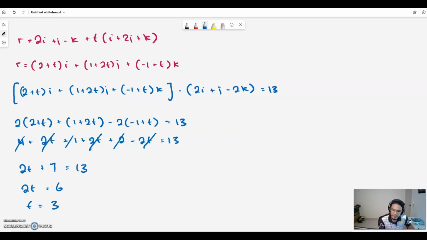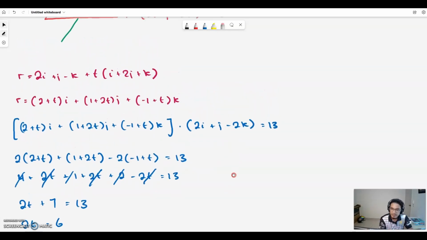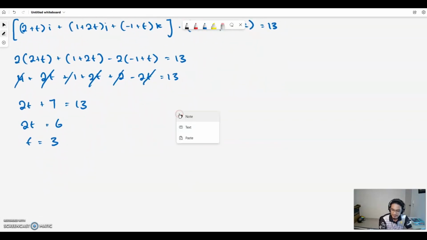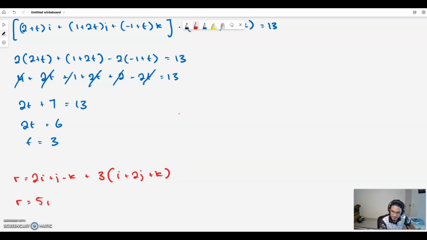Okay, now we have the value of t. So then we just substitute the value of t back into the equation of the straight line right here. Then we have r equal to, then here is the 3, sorry, it should be 2j, not 2t, and now we have the vector r is 5i plus 7j plus 2k.